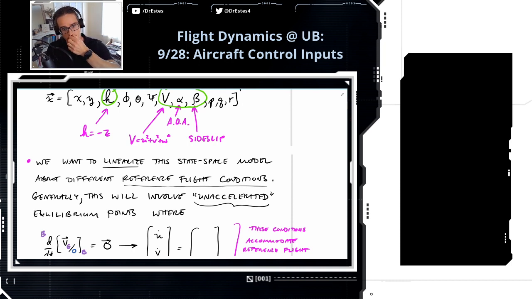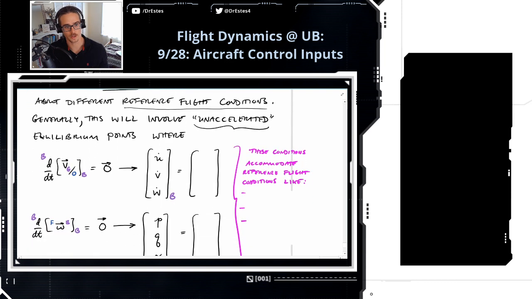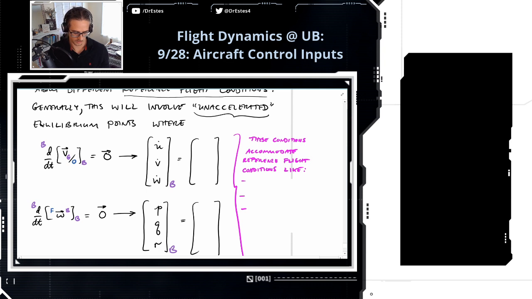It's not going to be just suspended in the sky. So, rather, we're going to talk about constant velocity equilibrium points, constant angular velocity equilibrium points. So that's what I'm showing down here. Let's say that these time derivatives are equal to 0. And this is the type of equilibrium we're often going to be talking about.